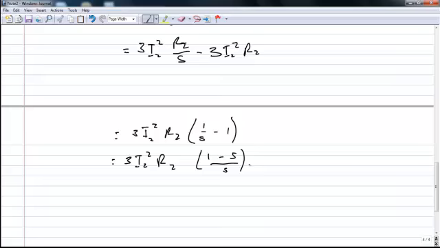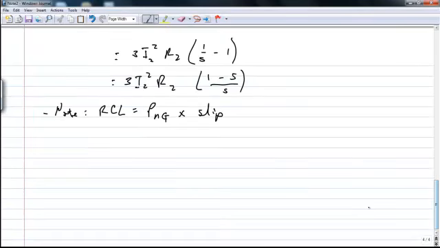Note that the rotor copper losses are equal to the air gap power times the slip. Or I'll write this more formally, the power in the rotor copper losses is equal to S times the air gap power.